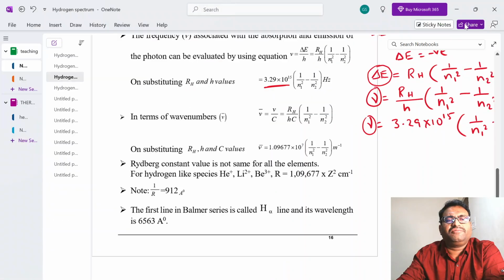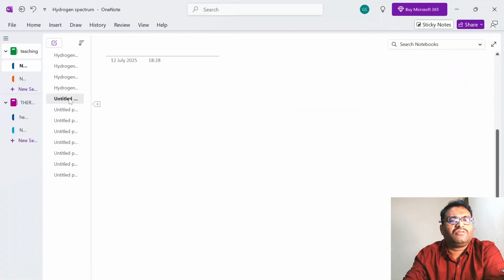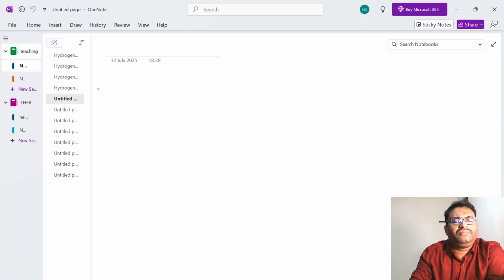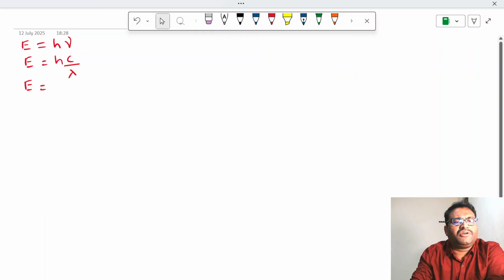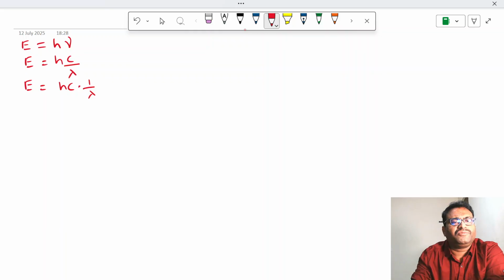We know that E is equal to h nu, E is equal to hc by lambda, and E is equal to hc into 1 by lambda. If I want 1 by lambda, what can I write? E by hc.